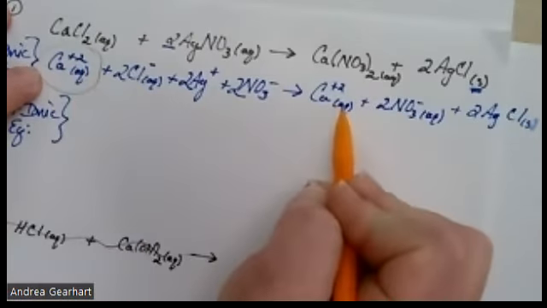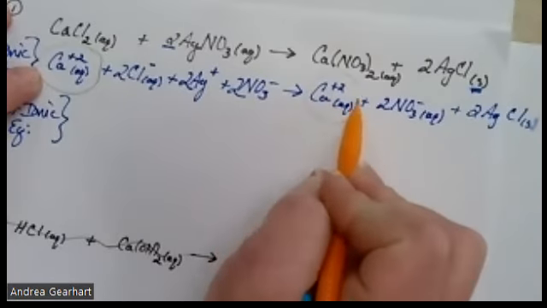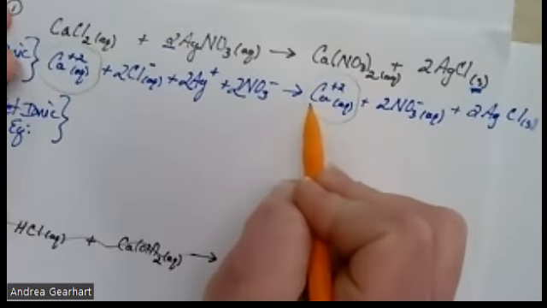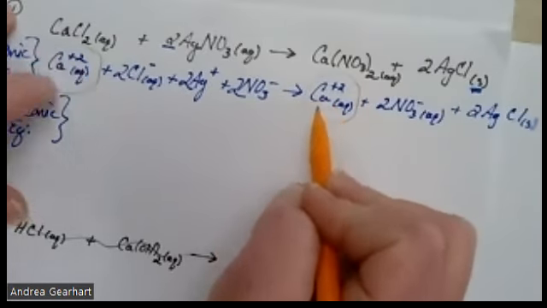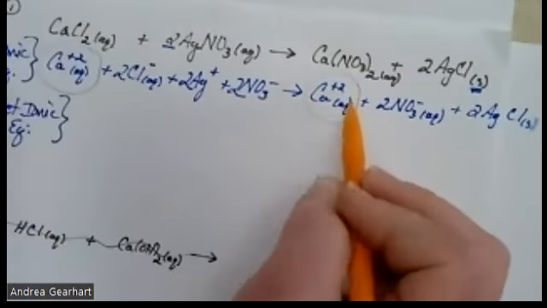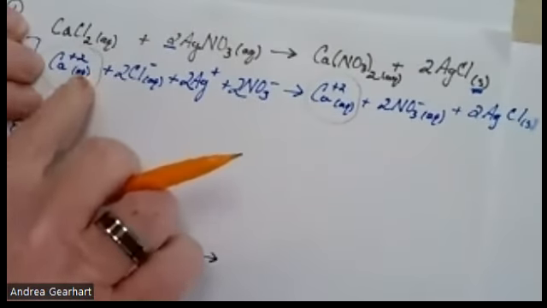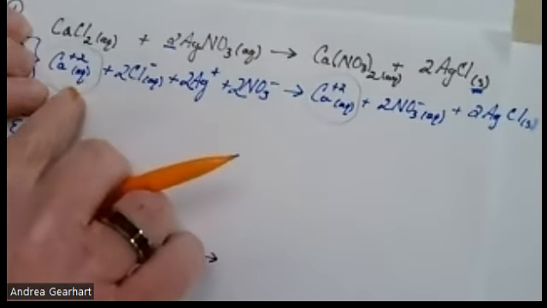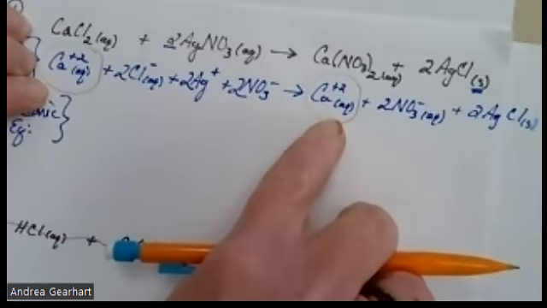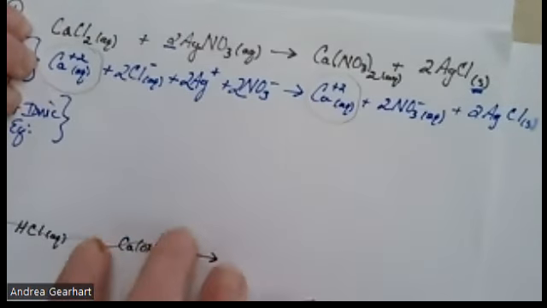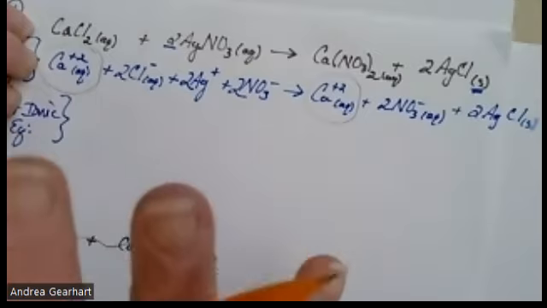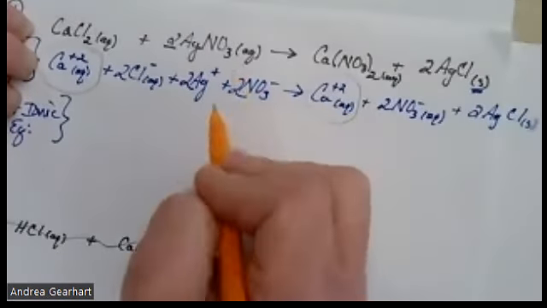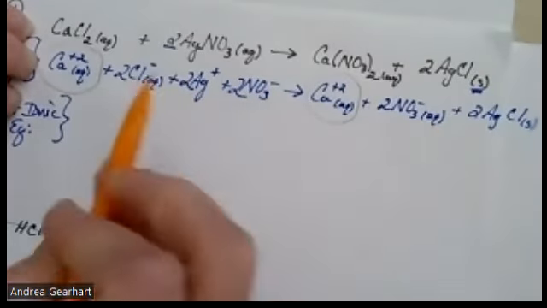On the product side, calcium +2 aqueous, not changing in number or the way we are writing the form of it. It begins as the calcium +2 ion surrounded by water molecules and remains that way. Is there anything else that is the same chemically on the left and the right?